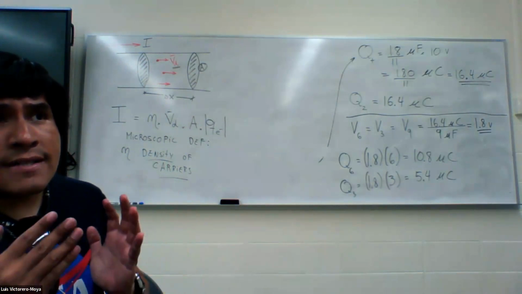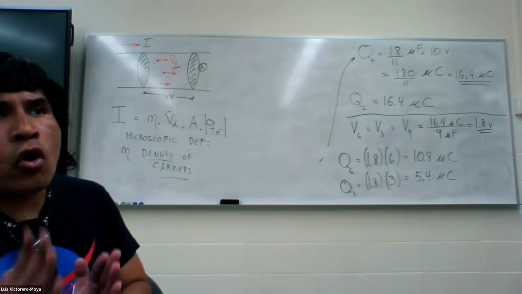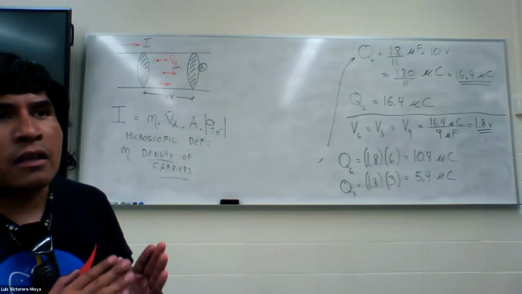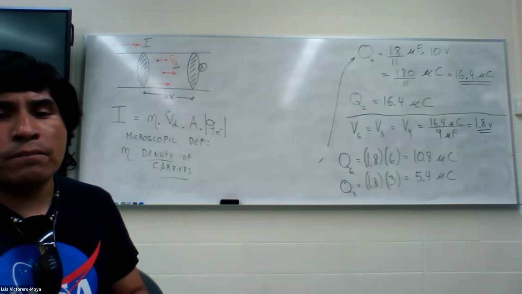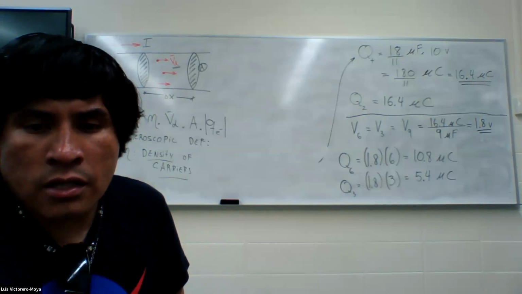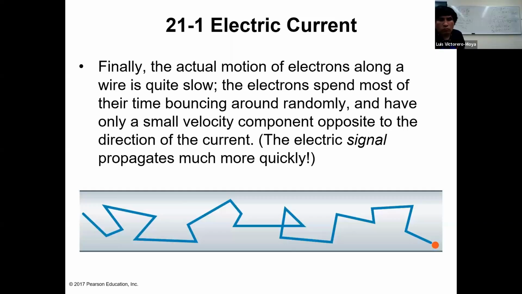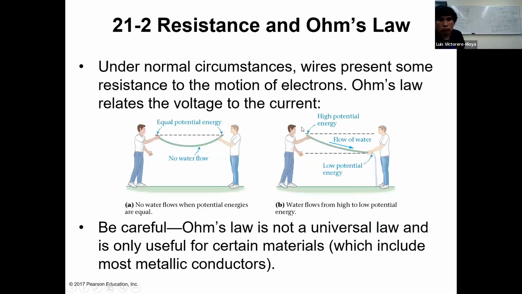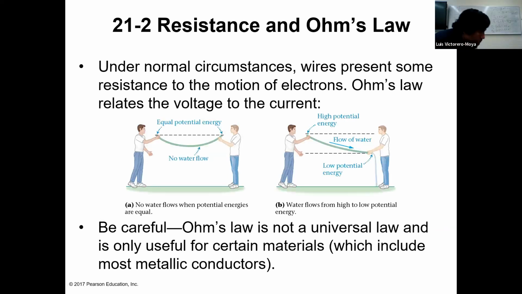The more simple definition is when we start using the idea of conductivity or resistivity, basically bringing Ohm's law into the mix. All right. So let's share this again. So what is Ohm's law?